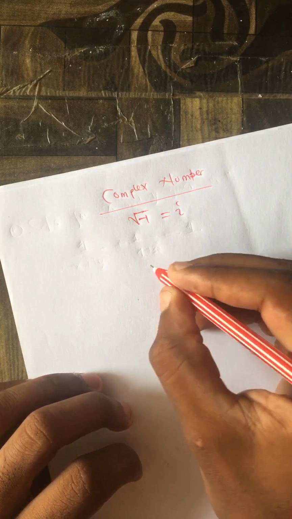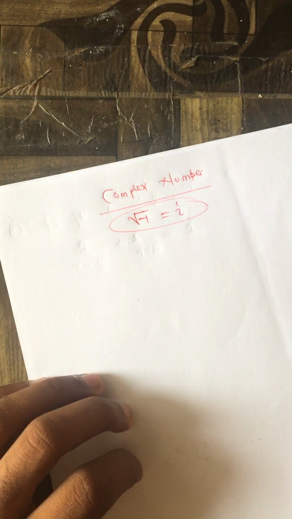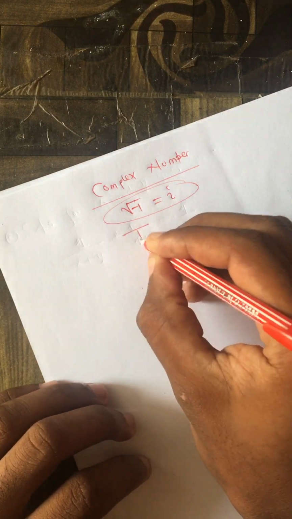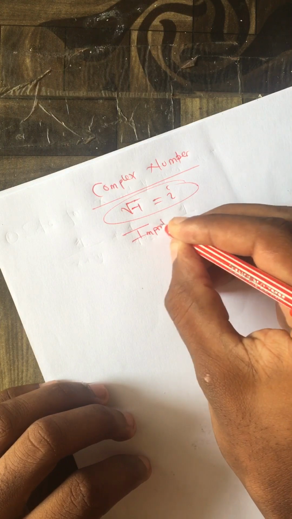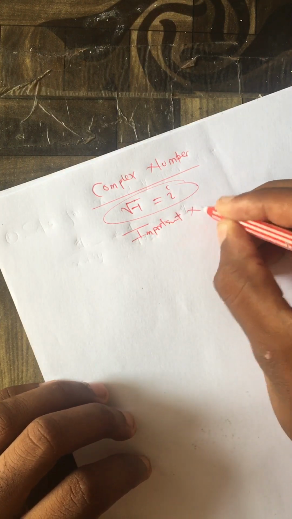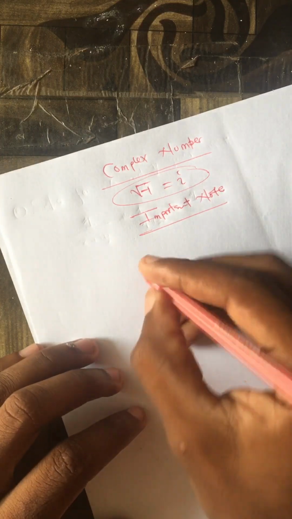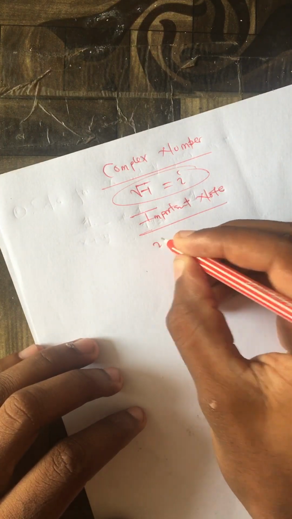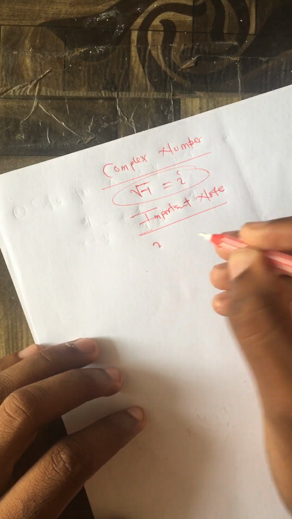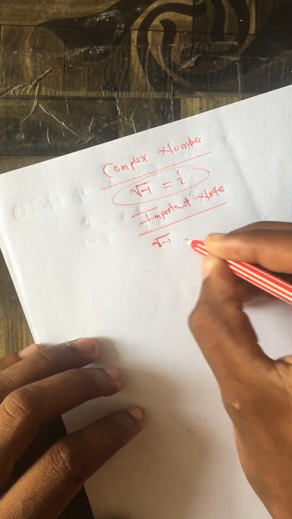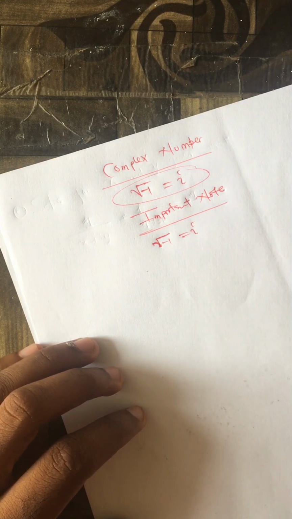So this is very important. And the other thing is, let me just put it as the important note: just know the root of -1 is i.